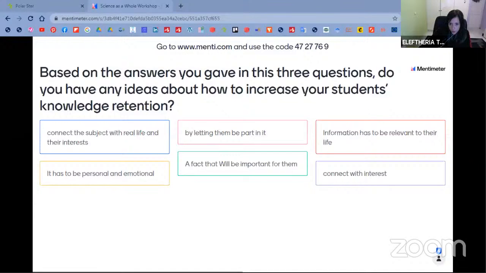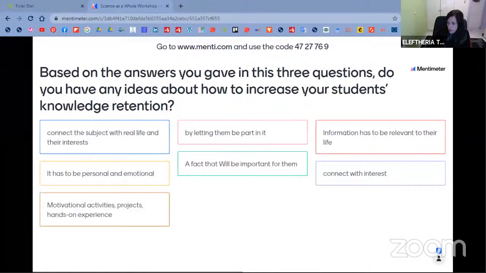Like the rest of the participants also say in the chat, you talked about tastes and flavors and people. So these are all things that are related to real life. So having a learning experience that is closely linked to you as a person, to your life, to your emotions, is really what makes a memory stick.